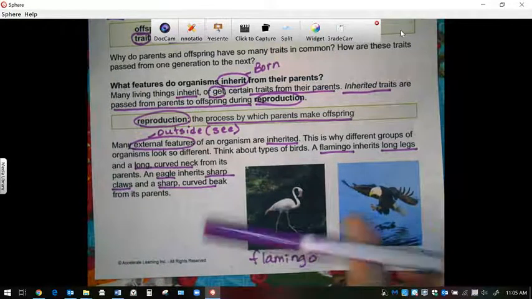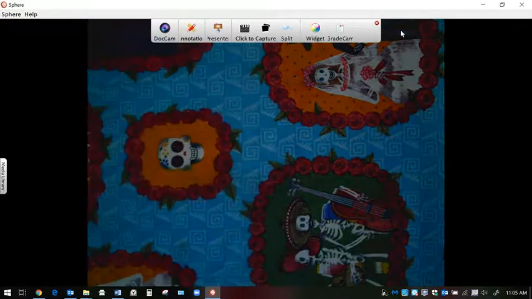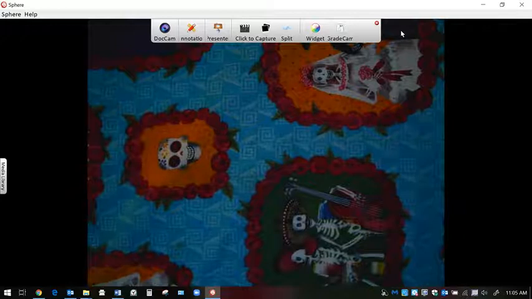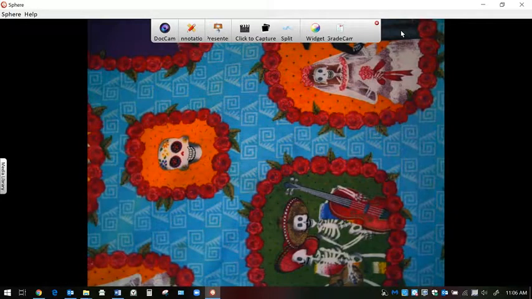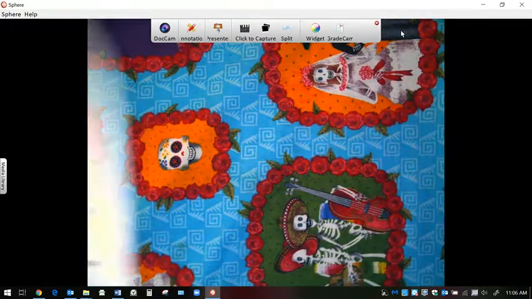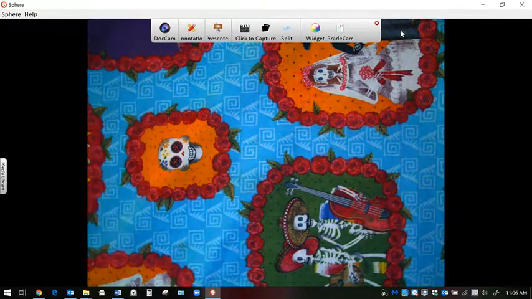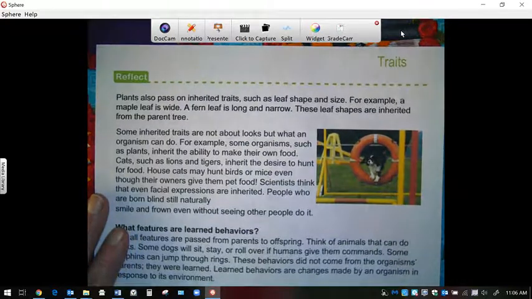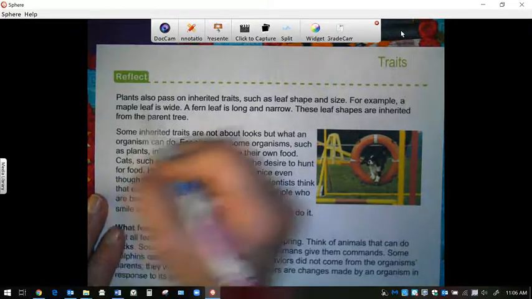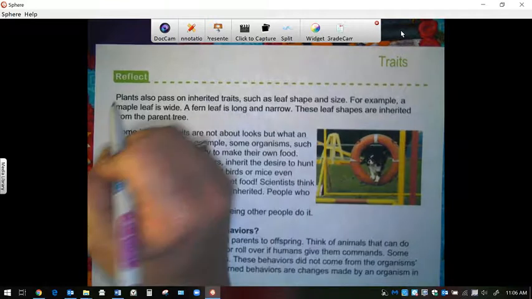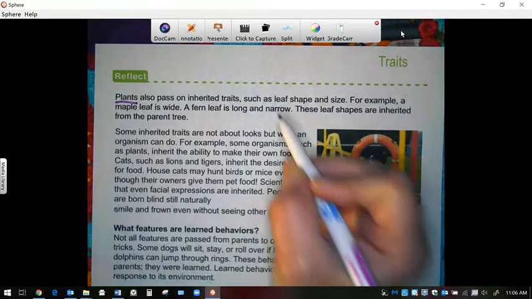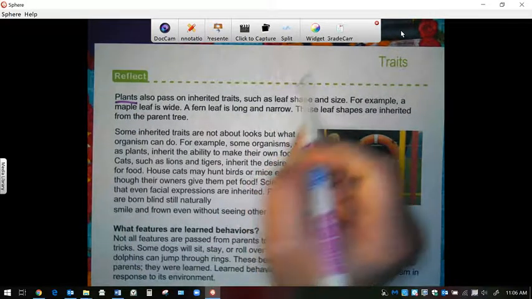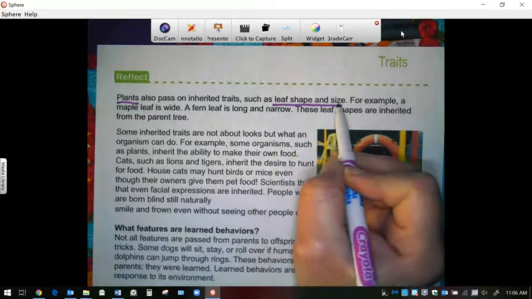All right, so it was talking about leaves. Plants. Okay, so here again, you're still on page 83. Plants also pass on inherited traits such as leaf shape and size.